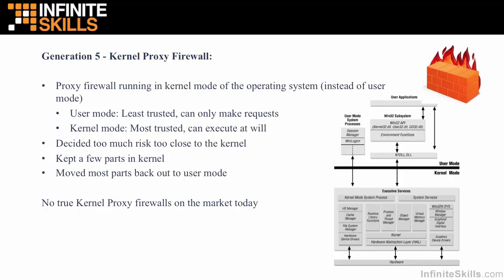In other words, it put that dangerous stuff way too close to the heart and soul of your firewall. And while they made these kernel proxy firewalls for maybe 5 to 10 years, it soon became recognized that that's just not a bright thing to do.